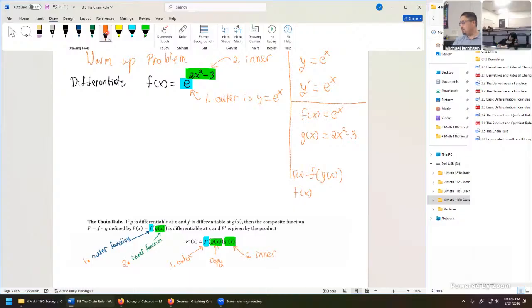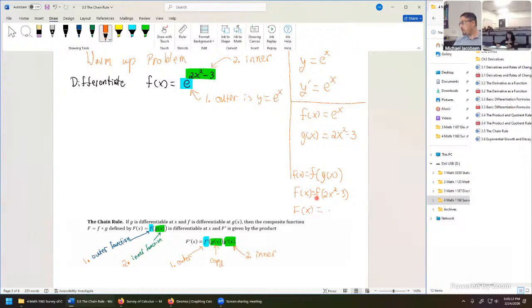F at x would become equal to f at, well, I claimed my g of x is 2x squared minus 3, so it just goes right inside there: 2x squared minus 3. So that's the first part of the composition. You unpack what g is. In the second step in the composition, you unpack what the f function was.